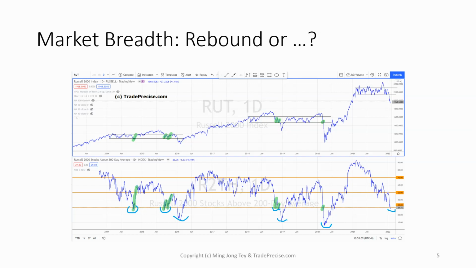But for the current structure, here is a support, so this is a trading range. Here is a support. The Russell 2000 has already broken down the support. It's on the way down and in a markdown phase, but it's probably still in a backup action. But the support is already broken. So unlike the previous cases, whether it's here or here or here, it just cannot rely on the support level anymore.